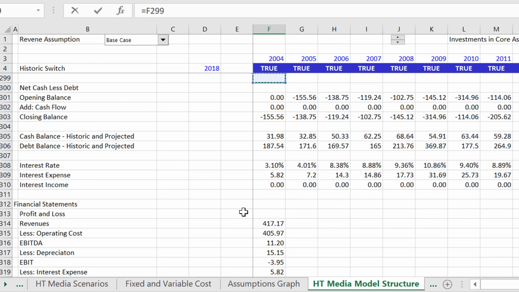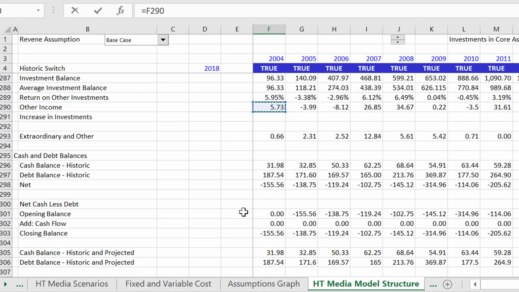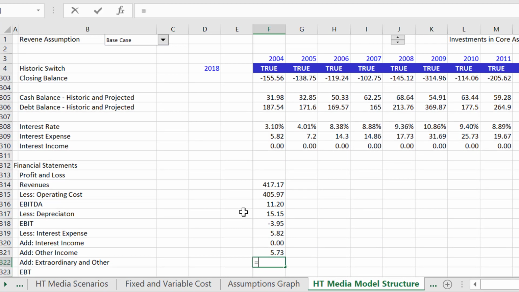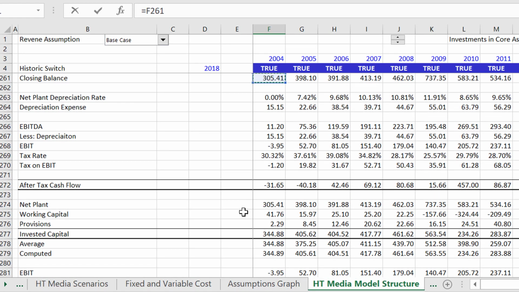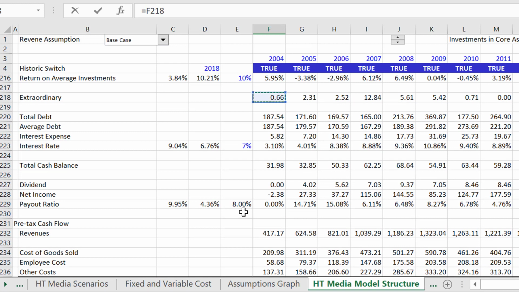Just a minute, I'm looking for the other income. Okay. All right, and then we had a little thing for the extraordinary income, I think, up here.